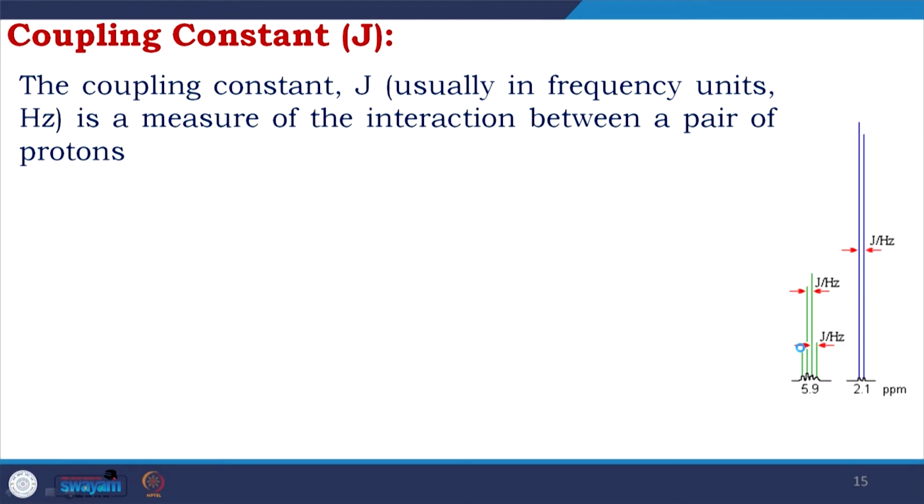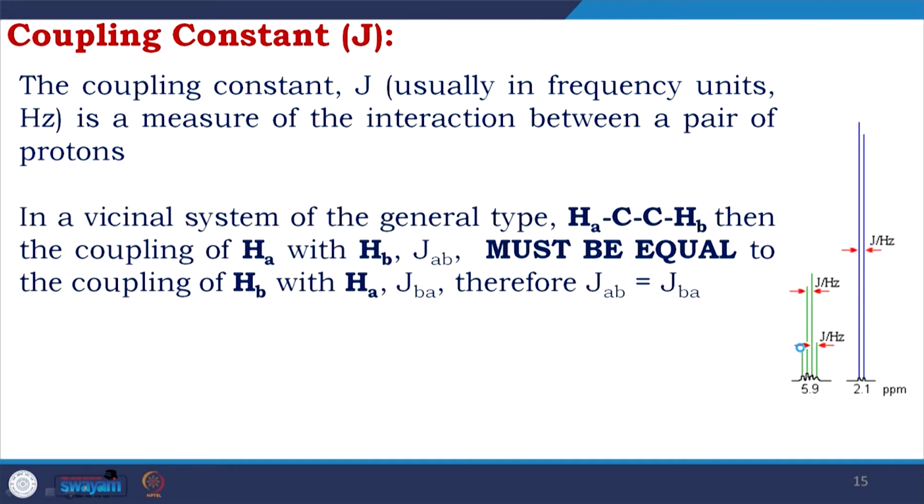The coupling constant J, usually in frequency unit Hertz, is a measure of the interaction between a pair of protons. In a vicinal system of general type H-A-C-C-H-B, the coupling of HA with HB, which is JAB, must be equal to the coupling of HB with HA, which is JBA.